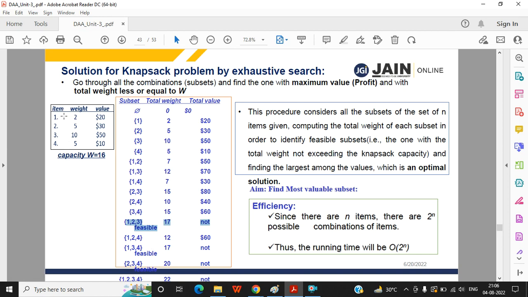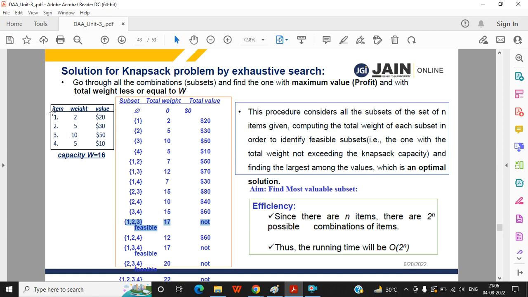So if there are four items, how many checks does it have to make? Not four times. Every item can be checked at least twice: either we take it or we do not take it, 0 or 1.